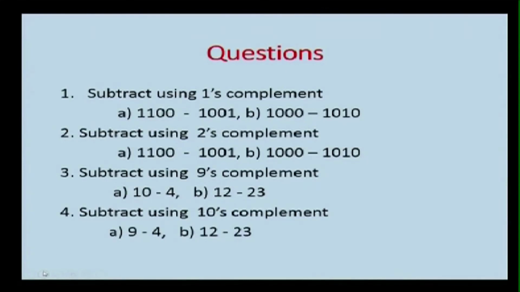The second problem in the 1's complement method is that 1010 is to be subtracted from 1000. Also, you have a problem where you will have to subtract the same two numbers, 1001 from 1100, and the same way 1010 from 1000, using 2's complement.